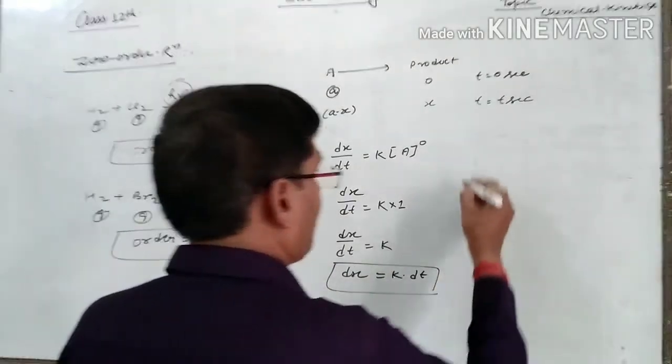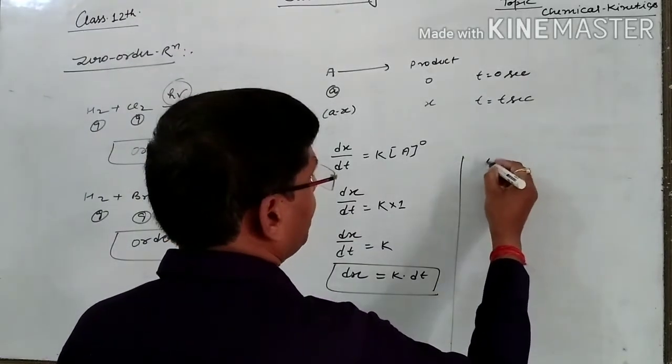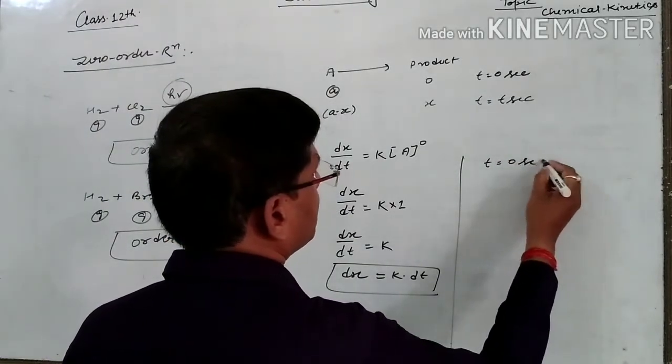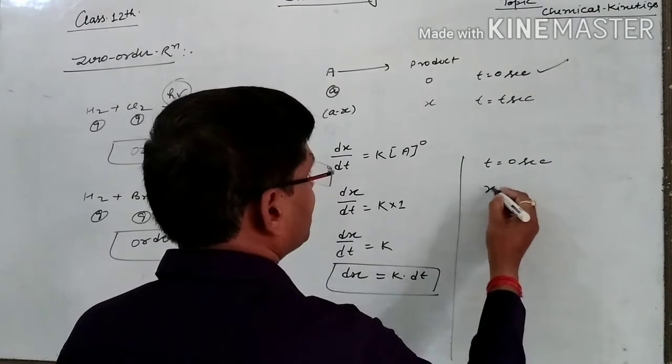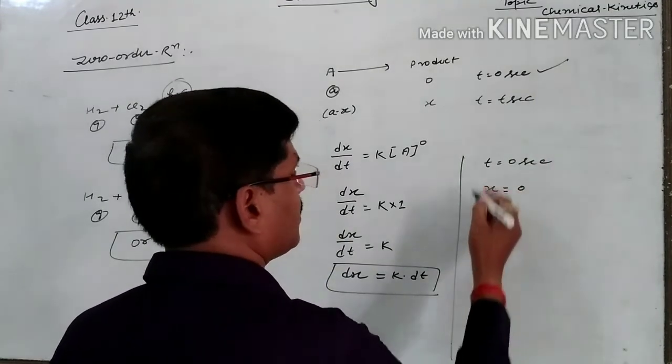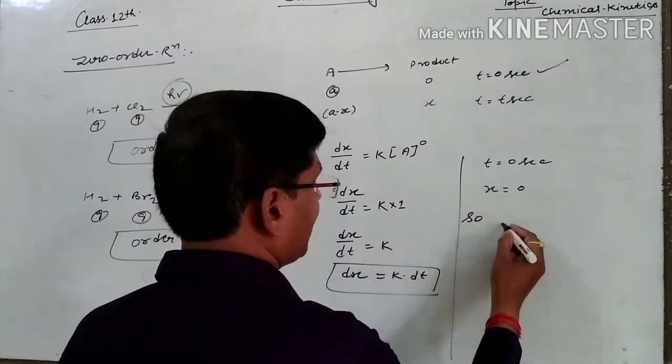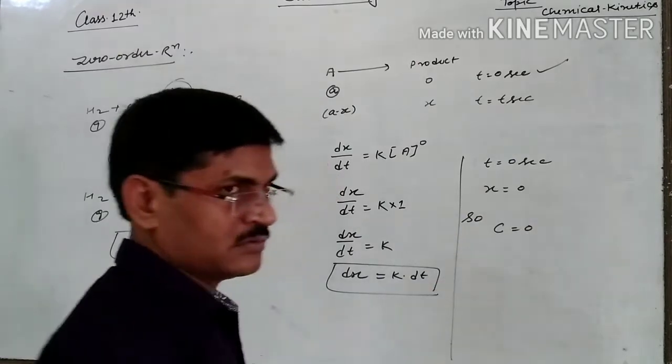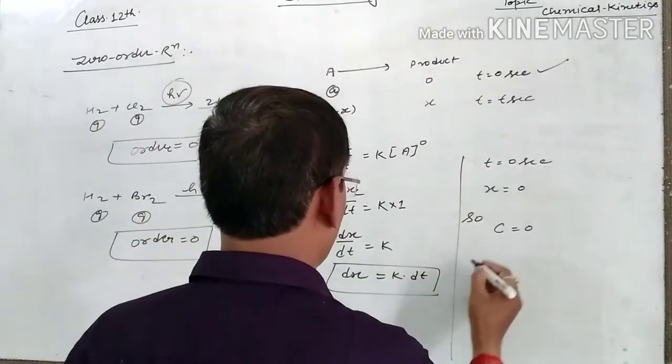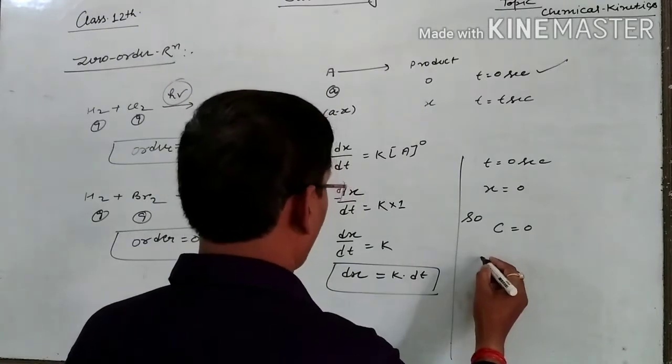You know, if t is equal to 0 seconds initially, then x is also equal to 0, so the constant C is also equal to 0.